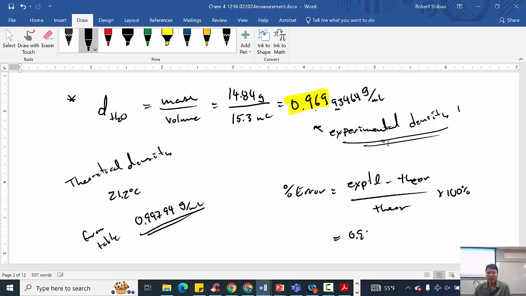The experimental here is 0.969, and I'm going to carry extra digits, 93464, minus the theoretical, which is 0.99794, divided by the theoretical, 0.99794, times 100%.